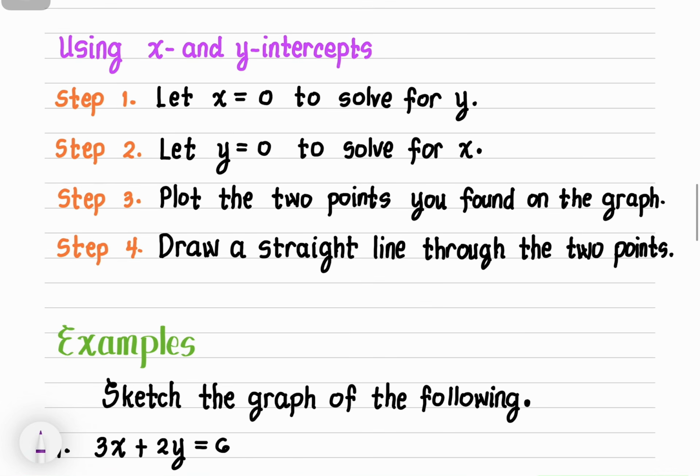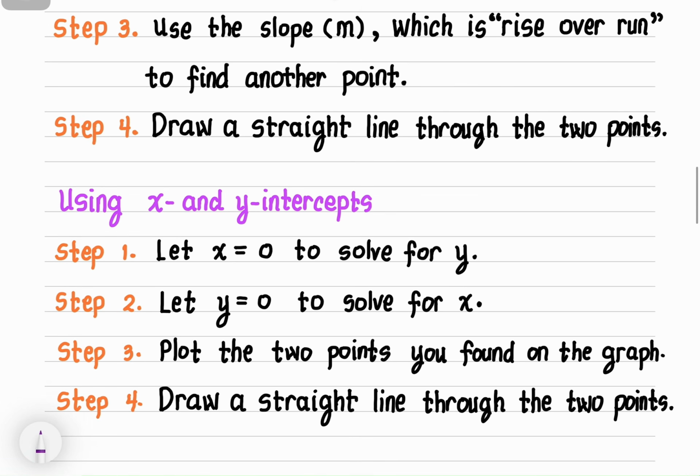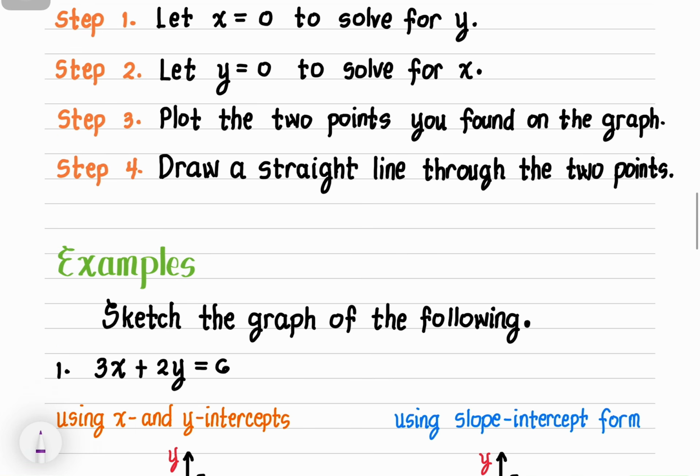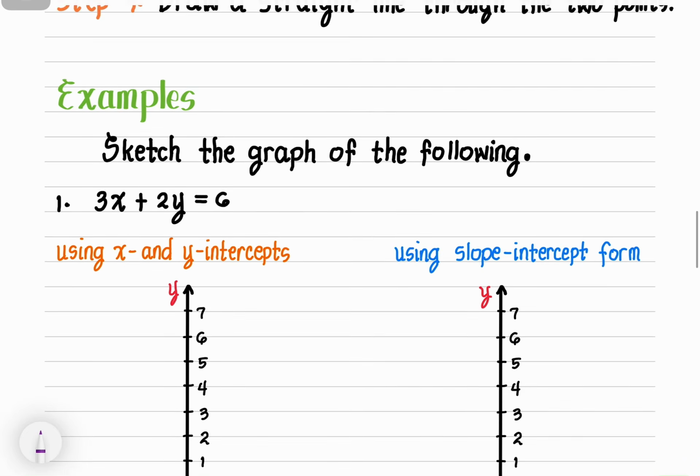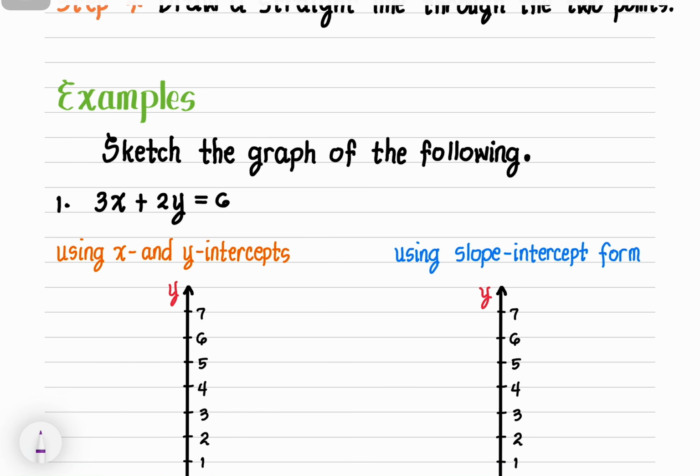Okay? So, for us to fully understand this concept, let's answer the following examples. Sketch the graph of the following. So guys, dito talagang kakailanganin natin yung knowledge nyo during your previous years, no? On how to graph. Okay? So number 1, 3x plus 2y is equal to 6.